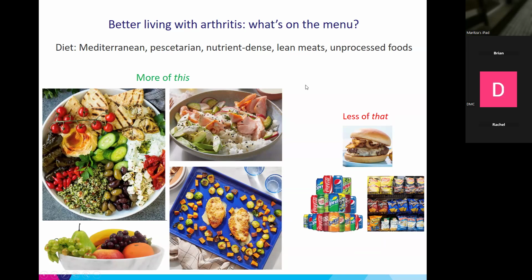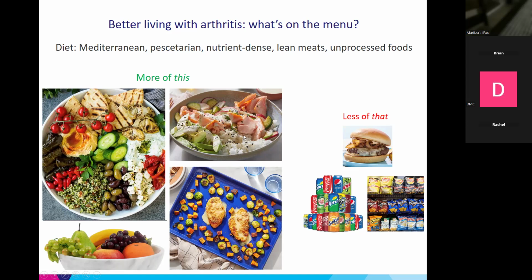However, given those limitations, it does seem pretty clear that the Mediterranean diet, meaning this sort of pescatarian diet with olive oil and vegetables and fruit, as shown here, this is a mezze platter, and unprocessed food with lean meats.